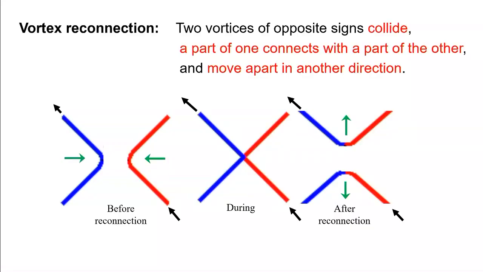And then they will collide, and when they collide, there will be a change in the topology, right? Because you see here all blue on the left, red on the right, but when they collide, they undergo a process of reconnection. And then you see part of the blue is connected with the red and red with the blue, and then they move away from each other. That is a change in the topology, right?